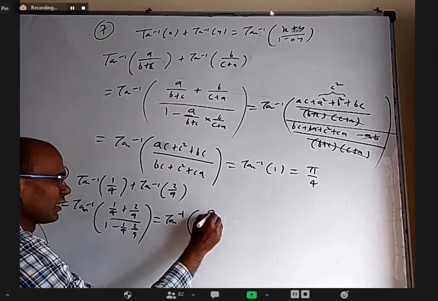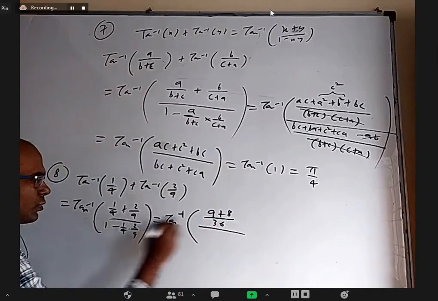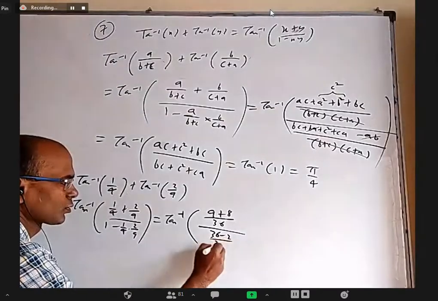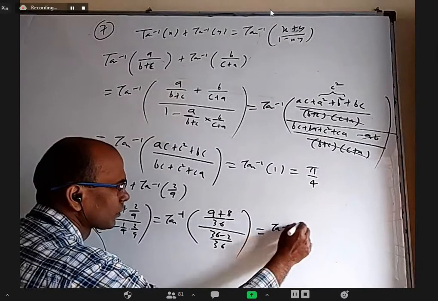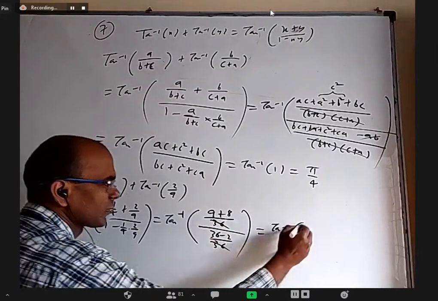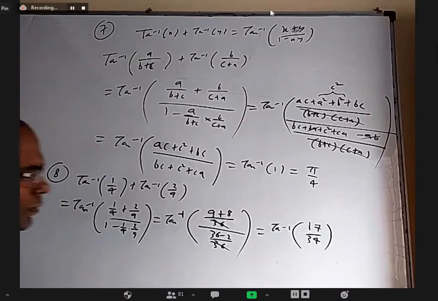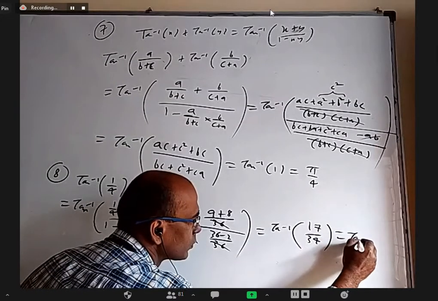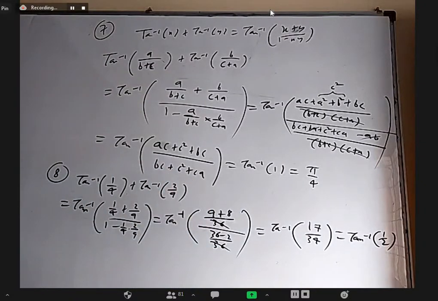So it will be 9 plus 8 by 36, over 36 minus 2 by 36. 36 will cancel. 17 by 34, which is tan inverse 1 by 2. Okay, just directly the formula tan inverse x plus tan inverse y.